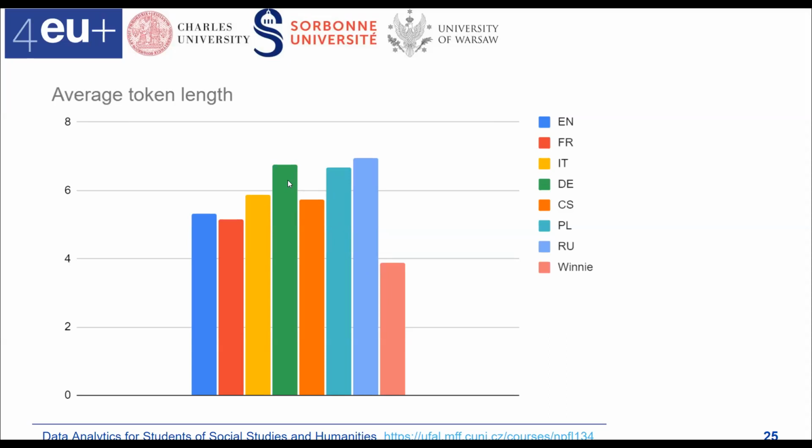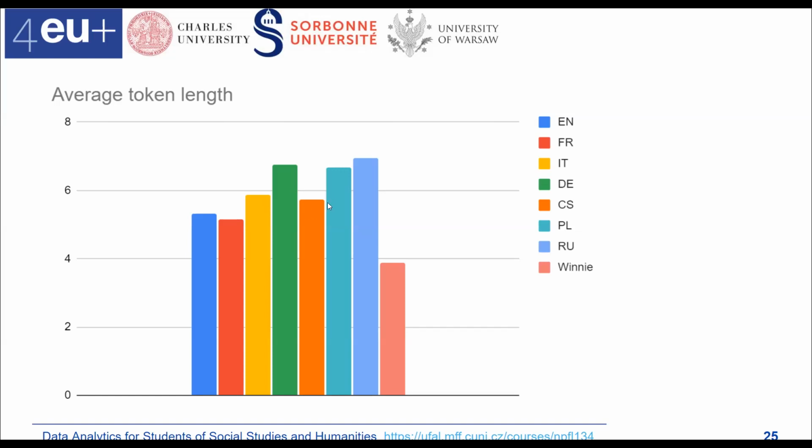So it looks, as we say, for German, it's quite common that German uses much more complex and longer words. On the other hand, it doesn't explain why there is a difference between Czech and Polish.